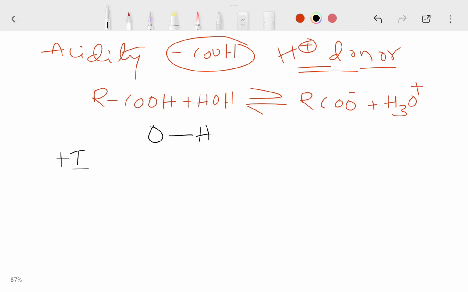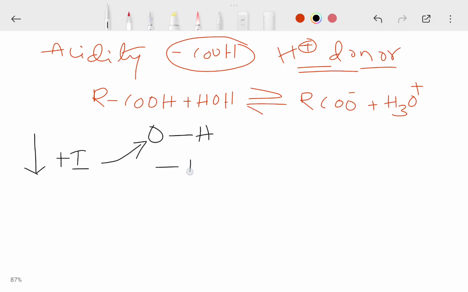Plus I groups decrease the acidity by increasing the electron density on the OH oxygen, which in turn decreases the OH bond dissociation. So acidity decreases. When plus I groups are increased, the acidity of the carboxylic acids decreases.